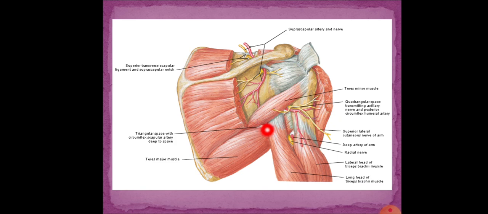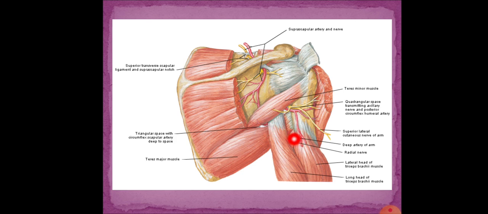Here we have the upper triangular space, and here is the lower triangular space. The upper triangular space is surrounded superiorly by teres minor, inferiorly by teres major, and laterally by the long head of the triceps. The structure passing through it is the circumflex scapular artery.